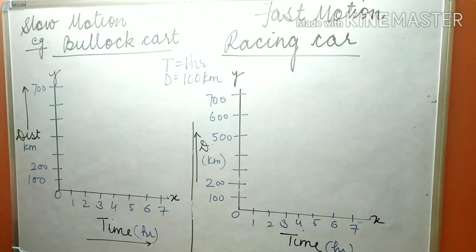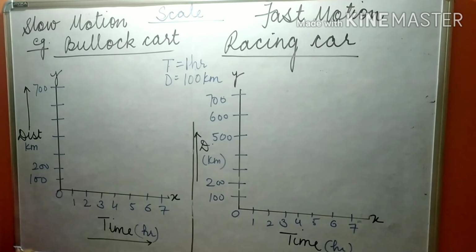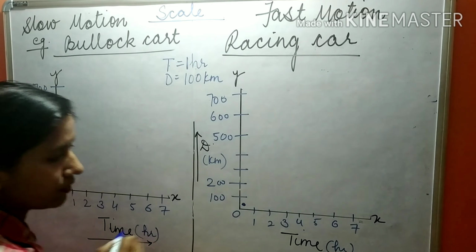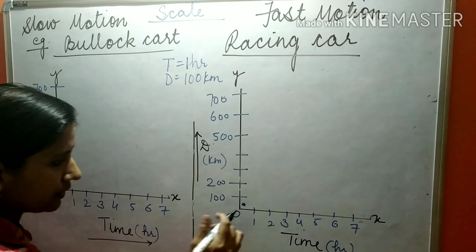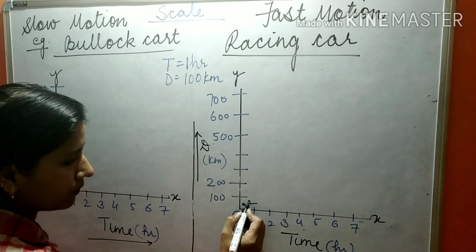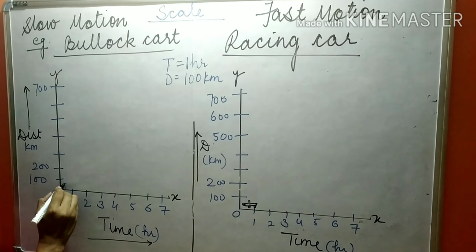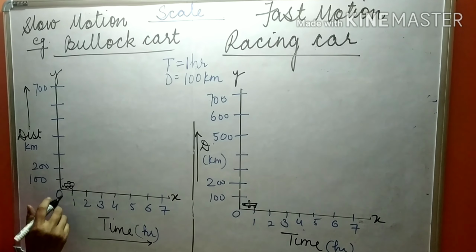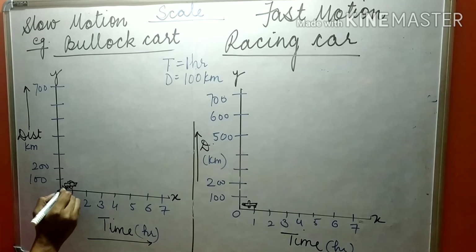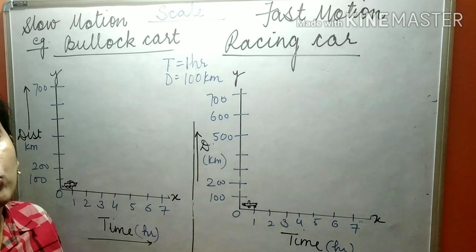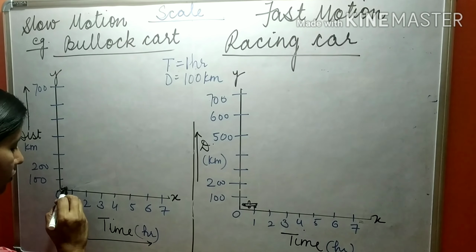Okay. Now let's make it for the bullock cart. My bullock cart is here and my racing car is also here. Fine. So this is my racing car. So now my bullock cart and my racing car both are ready.